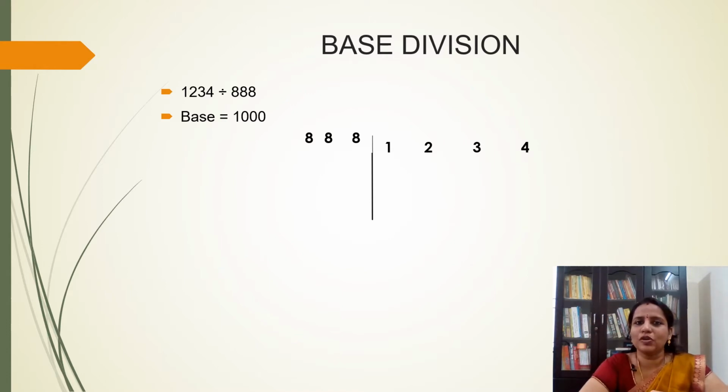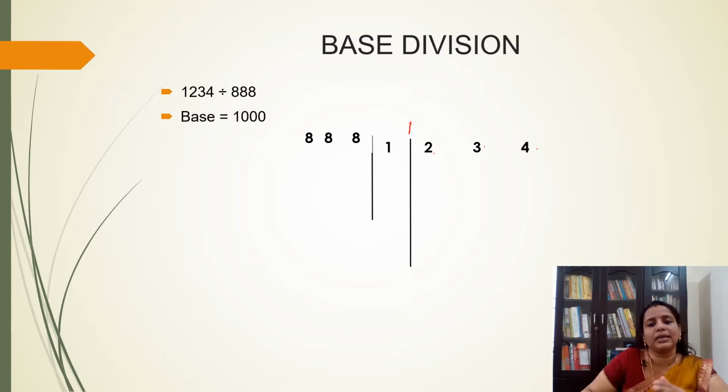I'll be splitting the digits from the last, so I'll consider 1 and split it here. My remainder places will have 2, 3 and 4 in the dividend place.